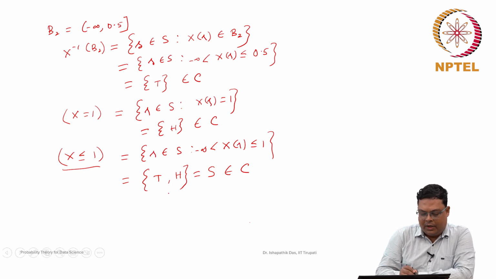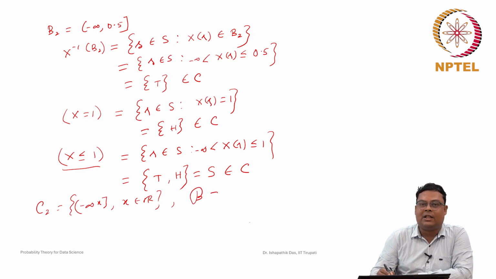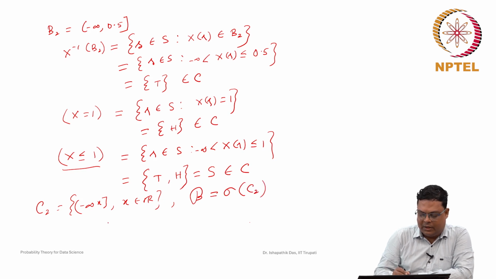Now if you consider this kind of set, C2 we consider as the set minus infinity to x such that x belongs to the real numbers, and this B is nothing but the Borel sigma field generated by C2. Then what is X inverse of minus infinity to x?